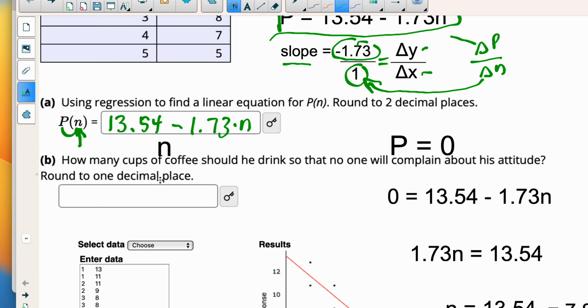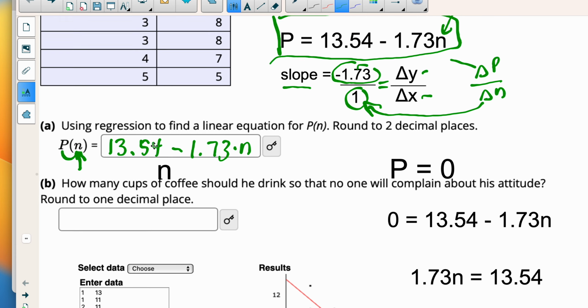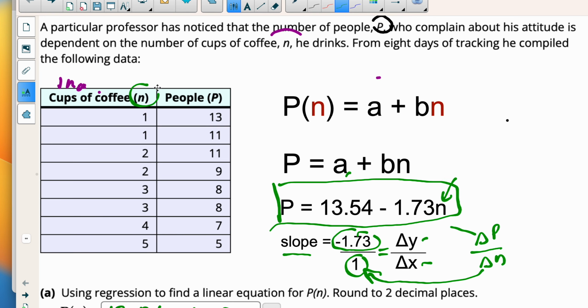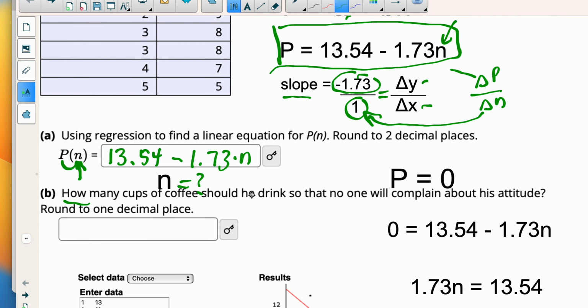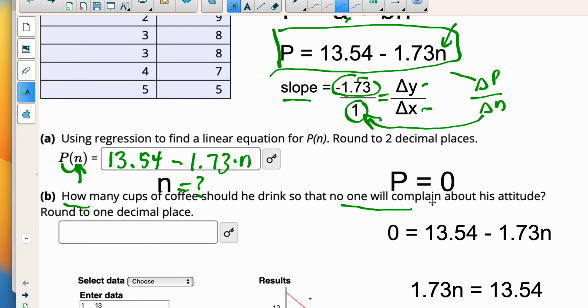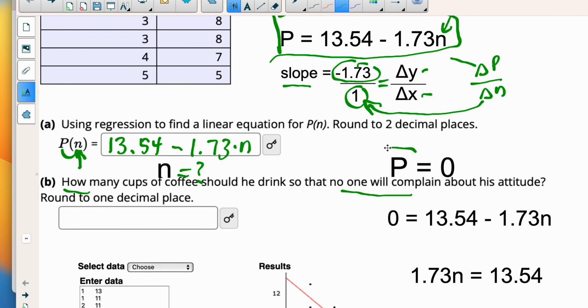The second part says, how many cups of coffee should he drink so that no one complains? We need to figure out which thing we're solving for. How many cups of coffee? We don't know. Cups of coffee is represented by N. Complains is represented by the variable P. If no one complains, P equals 0.